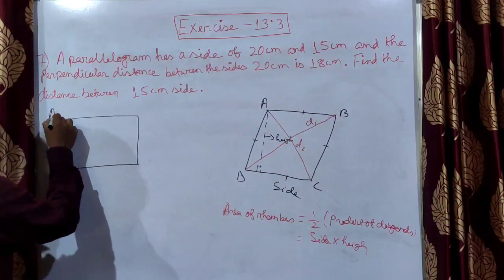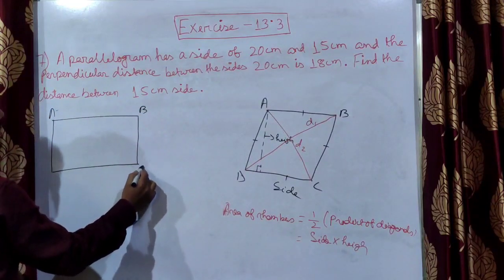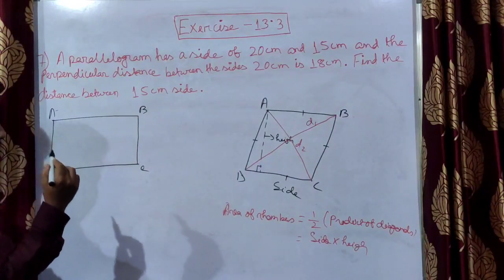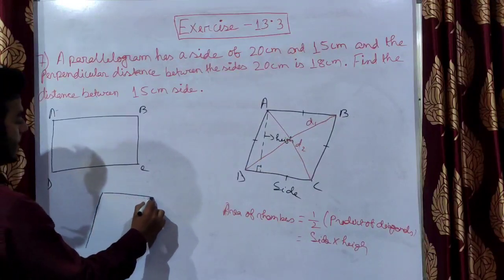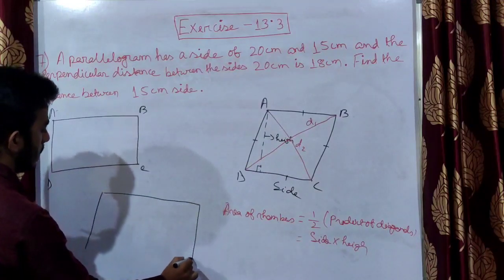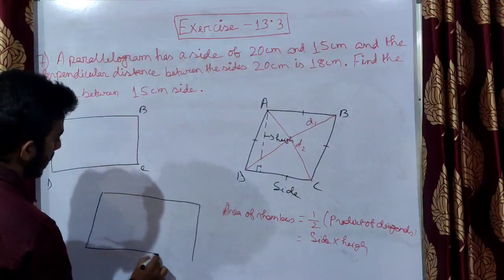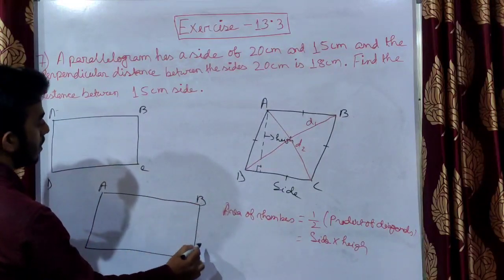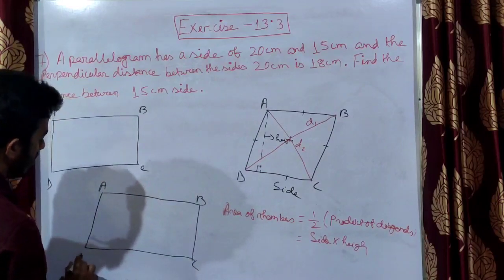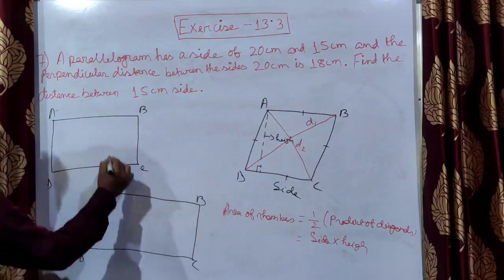So consider this A, B, C and D. Now let me draw a parallelogram, A, B, C and D. This is a rectangle and this is a parallelogram.